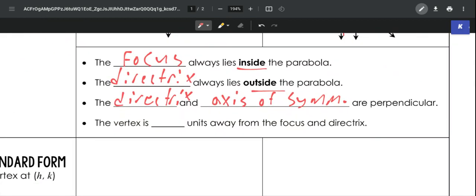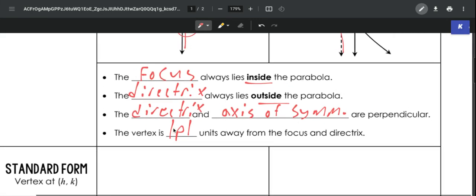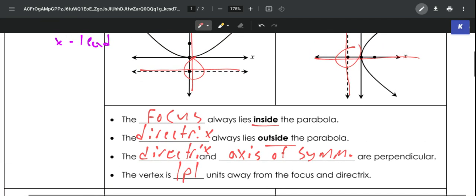And then the vertex is the absolute value of p units away from the focus and the directrix. Don't let the absolute value part of that confuse you, because sometimes that p may be minus, sometimes it may be plus.